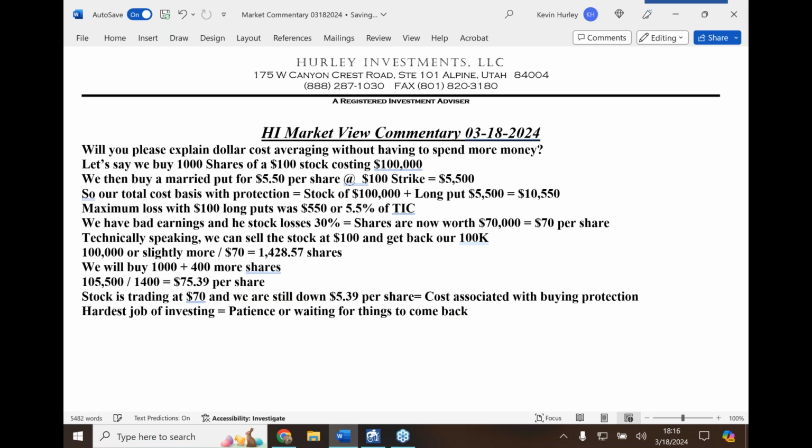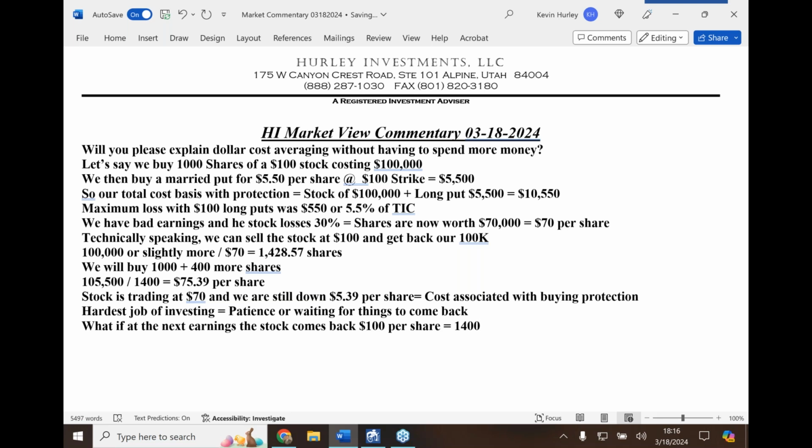What if the stock at the next earnings comes back to $100? What if at the next earnings the stock comes all the way back to $100 per share?